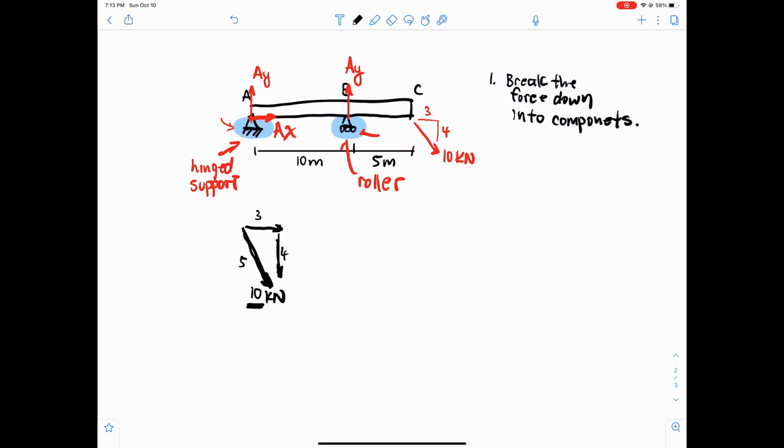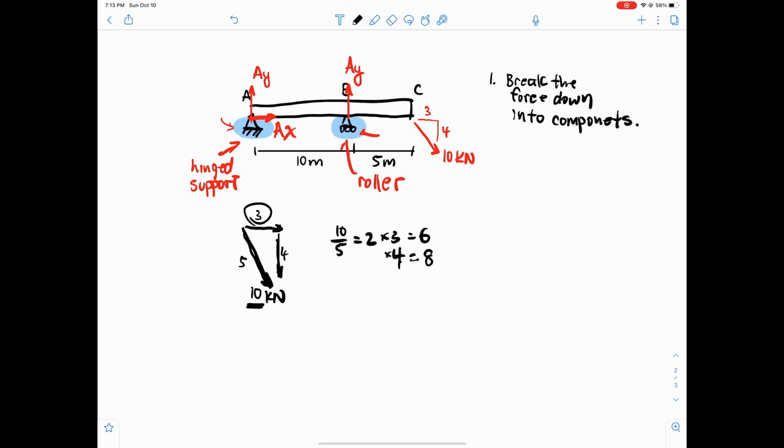To simplify the math, we can do 10 divided by 5 equals 2, and then 2 times 3 is 6, and that's the horizontal one right here. Same thing with the vertical one is 8.